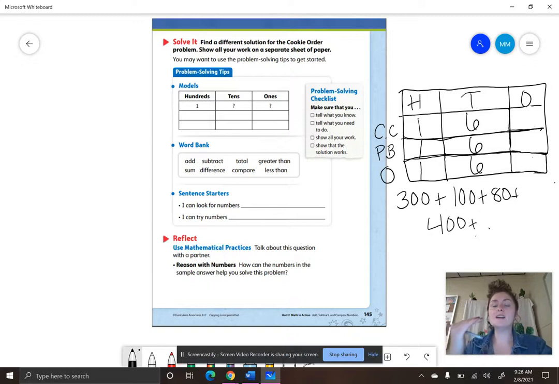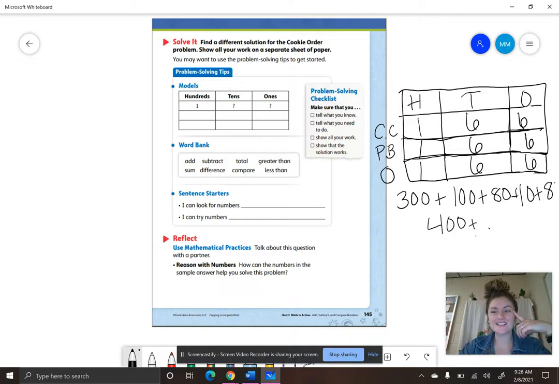Yeah. So what is 1 more than 5 ones? 6 ones. So let's try 6 ones. 166 for chocolate chip, 166 for peanut butter, and 166 for oatmeal. All right, so 300 plus we still have 18 tens, which is 100, 8 tens, and 18 ones. So that would be 110 and 8 ones.